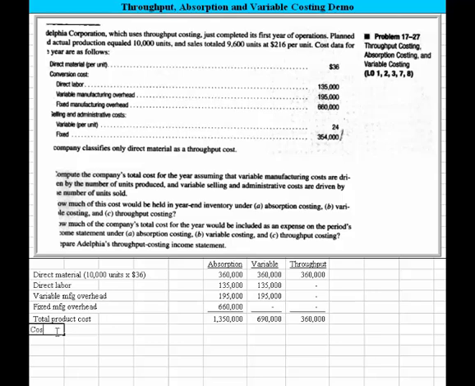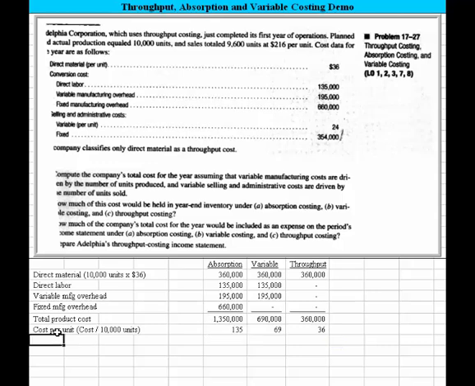Now let's compute the cost per unit. What we're going to do is take the cost and divide it by the 10,000 units, right? So we've got $135, $69, $36.